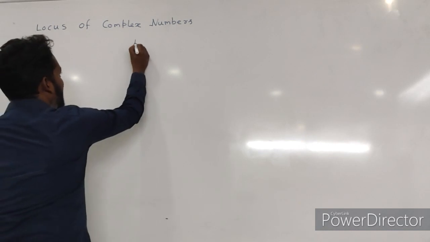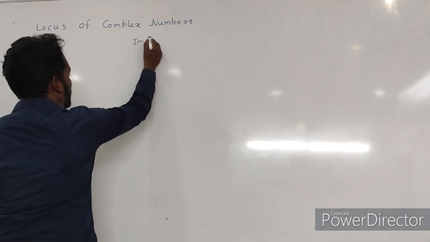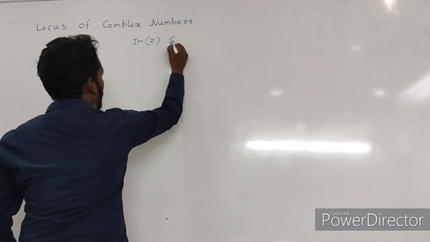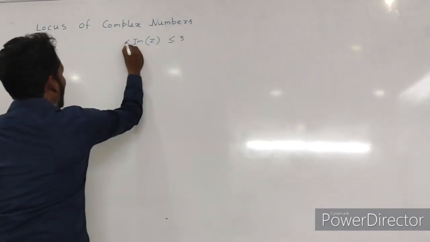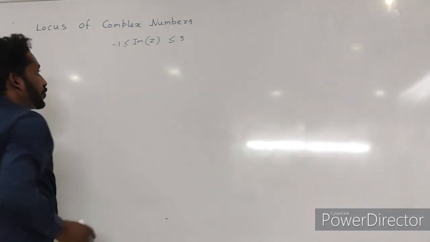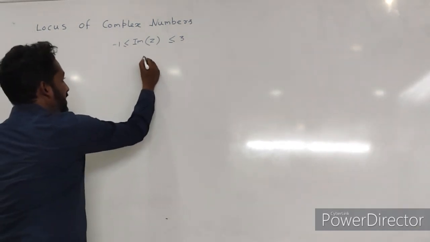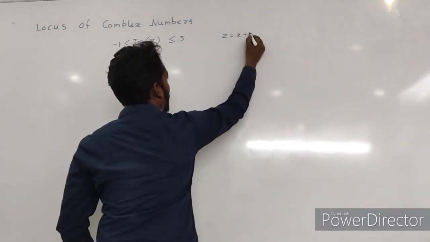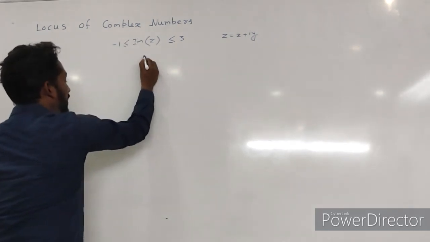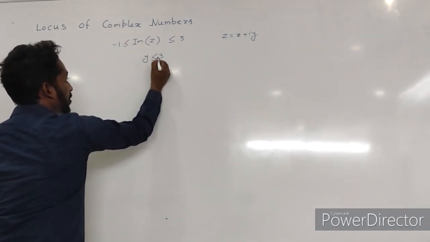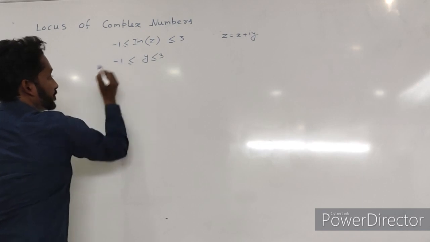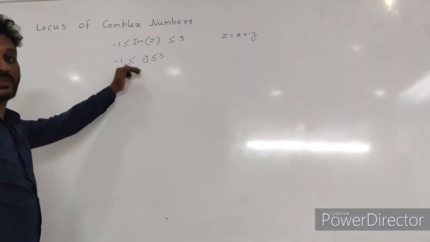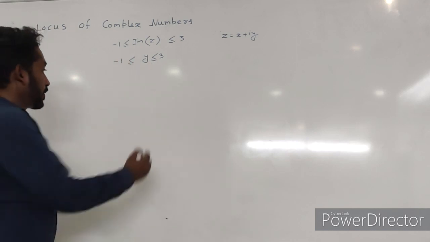Now, similarly, if it is given that the imaginary part of z is lying between 3 and minus 1, then since z is x plus iy, this is nothing but y is lying between minus 1 and 3. The imaginary part of z is y, and that is lying between minus 1 and 3.